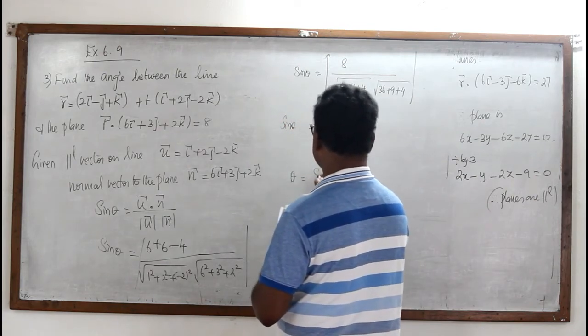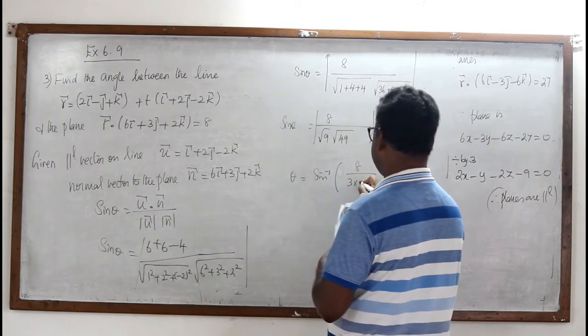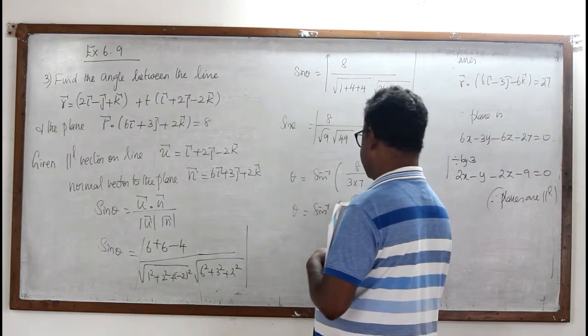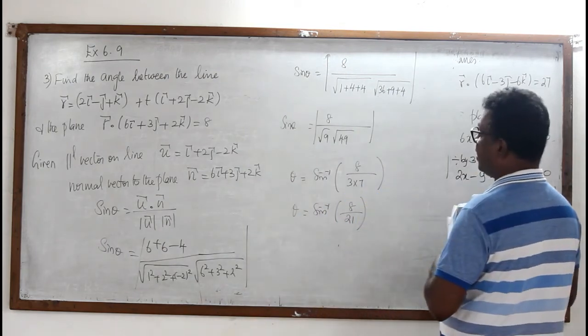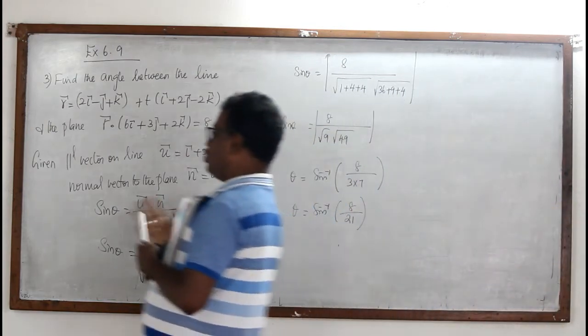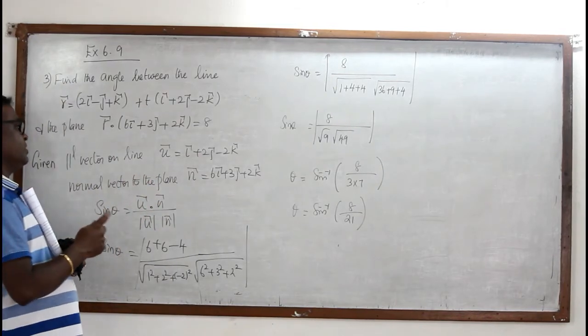Therefore, theta equal to sin inverse of 8 by 3 into 7, isn't it? So, theta equal to sin inverse of 8 by 21. This is the angle between line and plane. So I will do problems only on those 4 concepts first. So this is the problem number 3.